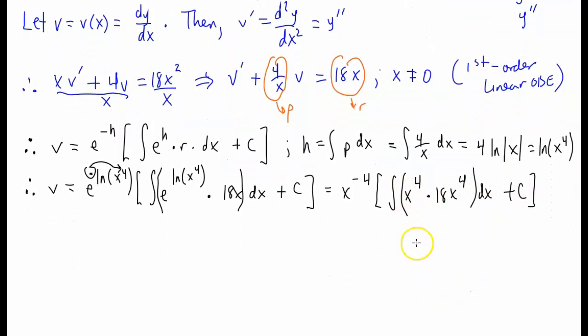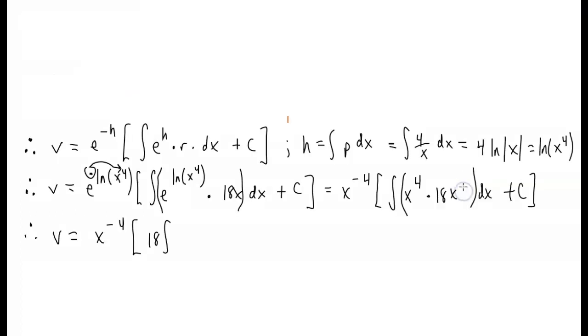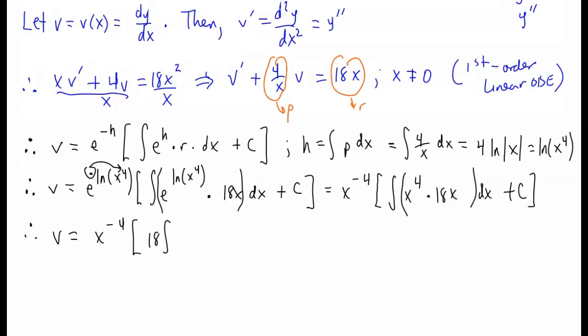And so now from here, we just have v is equal to x raised to the negative 4. And all this here is just going to be 18 integral of, oh yeah, this is not right because that should be 18x, not 18x to the 4. So let's fix that.